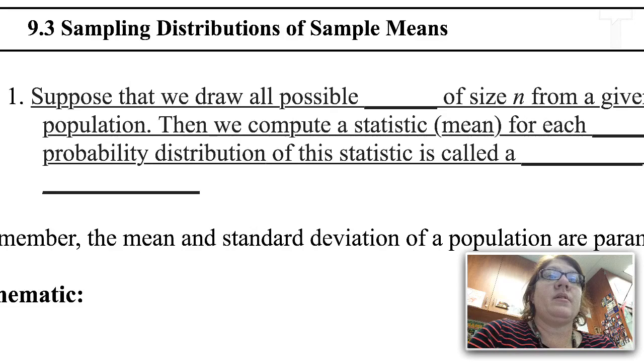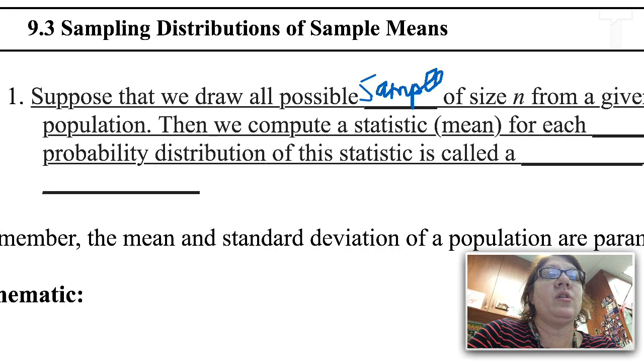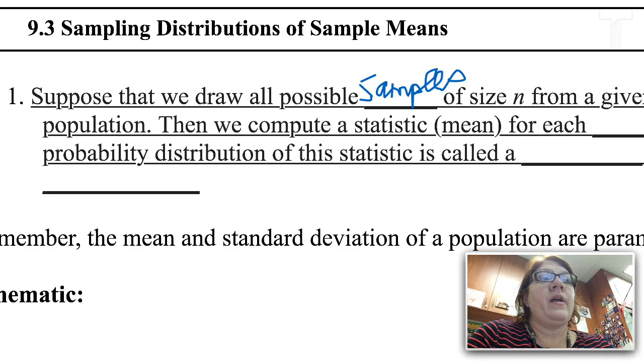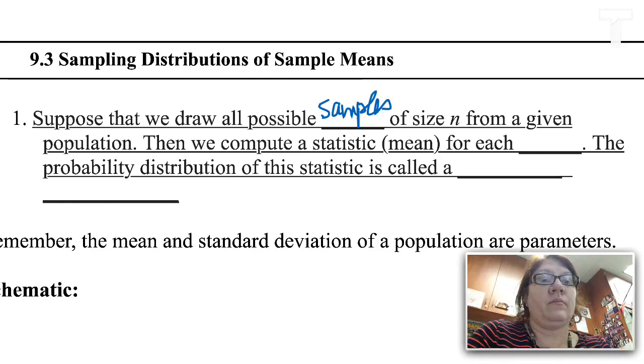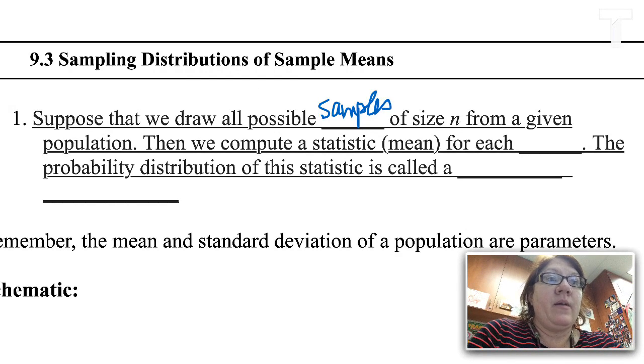All right, so sampling distributions for sample means. We're going to look at the similarities and the differences. Again, we're drawing samples all of the same size from the population. That's the same as the proportions. And if we compute the statistic, the mean for that sample, of course, it would be an x bar, because now we're looking at averages.